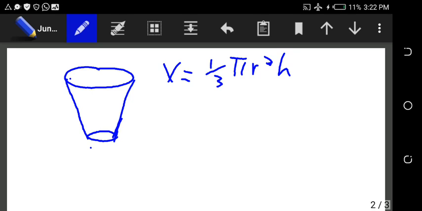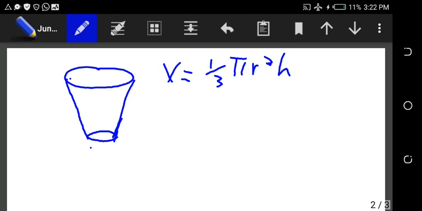But that is for a cone that is complete. In this particular case, we have a cone that a portion of it has been cut off, and we want to evaluate the volume of the remaining part, which is a frustum. How are we to do that? Well, there is really no simple formula. There is no formula per se that we can just write and plug in the values.